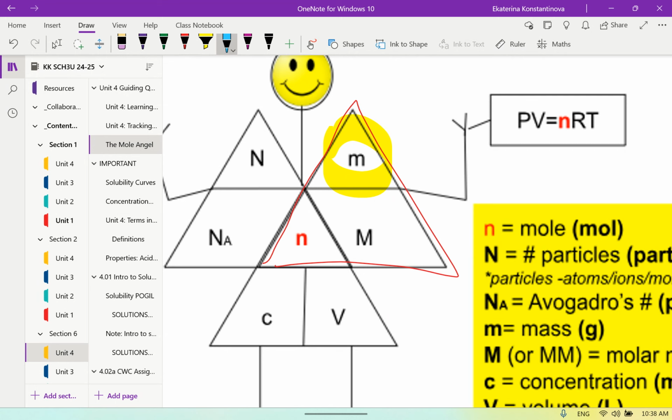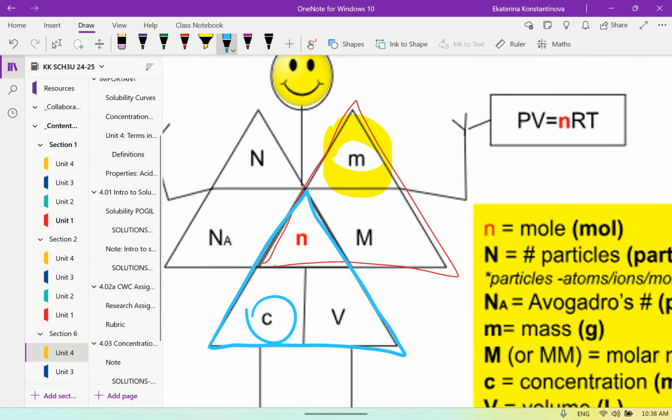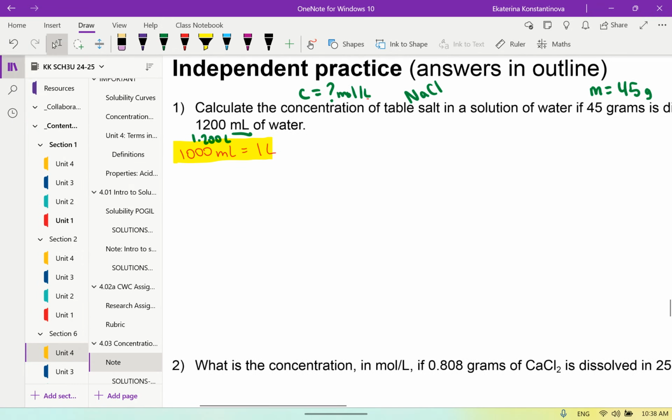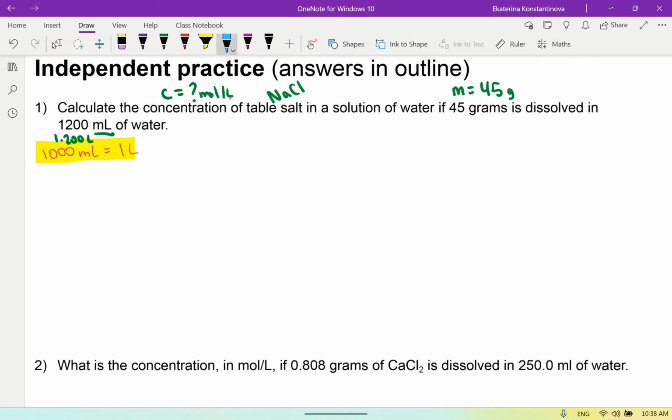And then once we've solved for moles, we can then use this triangle to find our concentration. So let's try this out. So step number 1, we are going to use our mole equation for mass and molar mass of sodium chloride. So our moles of sodium chloride is what we want to find out first.